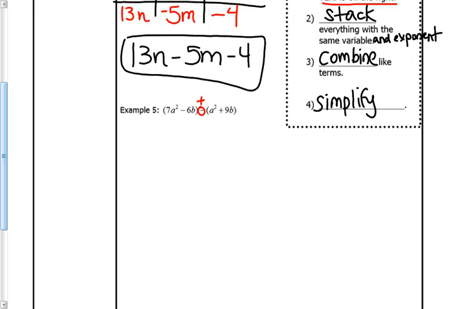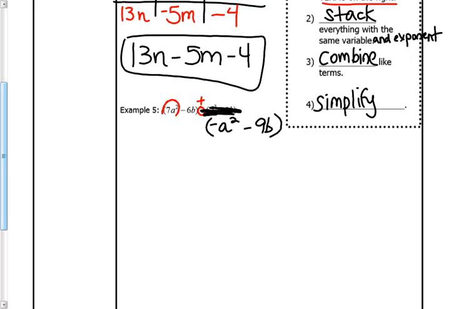Two terms, binomial. So instead of this being a positive a squared, this will be a negative a squared. Instead of this being a positive 9b, this is now a negative 9b. So I want to cross this out so I don't confuse myself when I'm doing the rest of the math here.